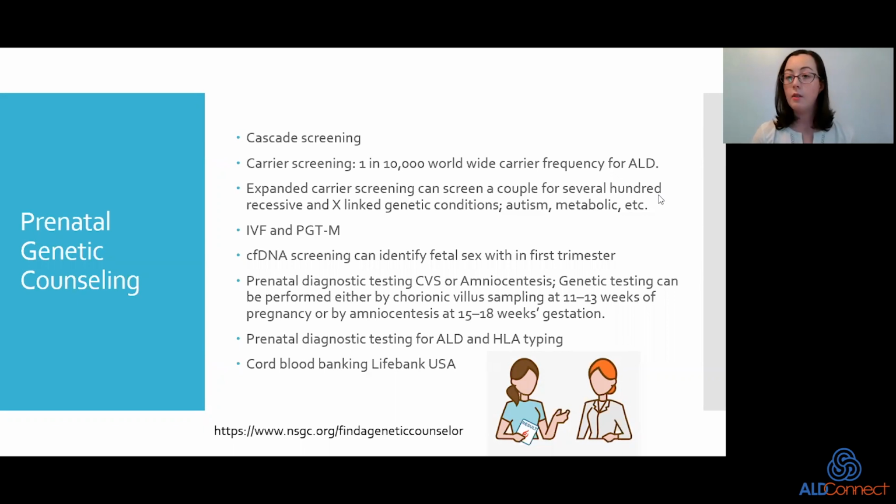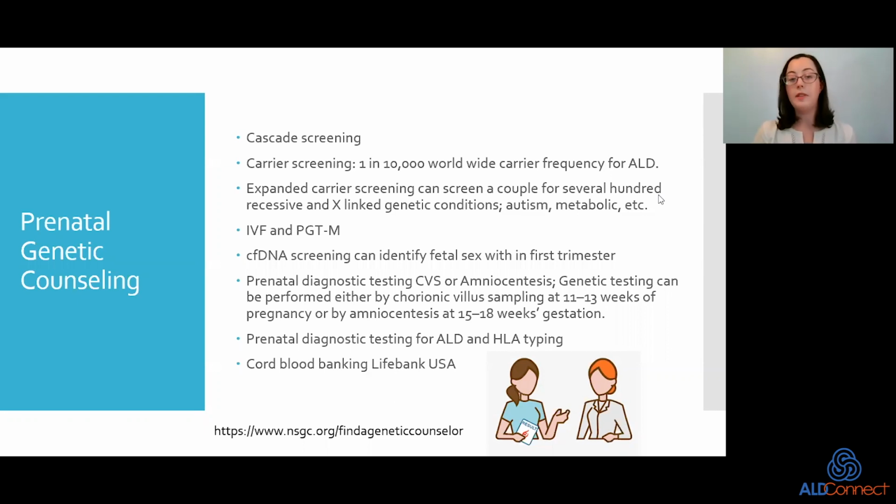So they can be conditions associated with autism, metabolic conditions such as ALD. And one thing to mention is that currently there are carrier screening tests that do include ALD on their panel. So somebody who maybe doesn't realize it's running in their family could get picked up this way. So it's something I want to put out there, make you guys aware of for family planning.